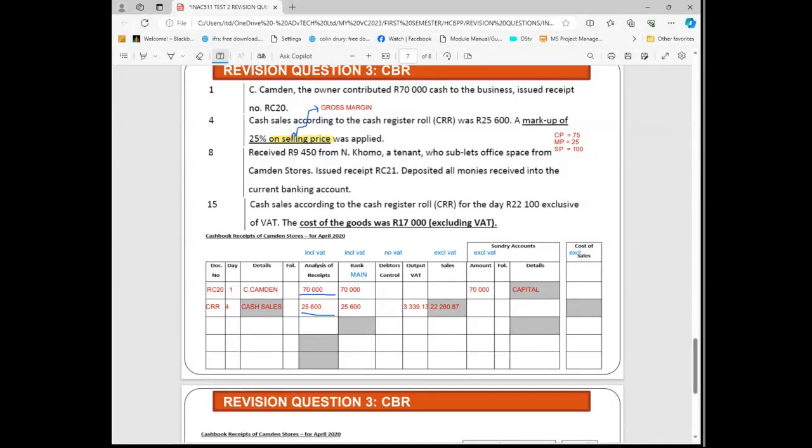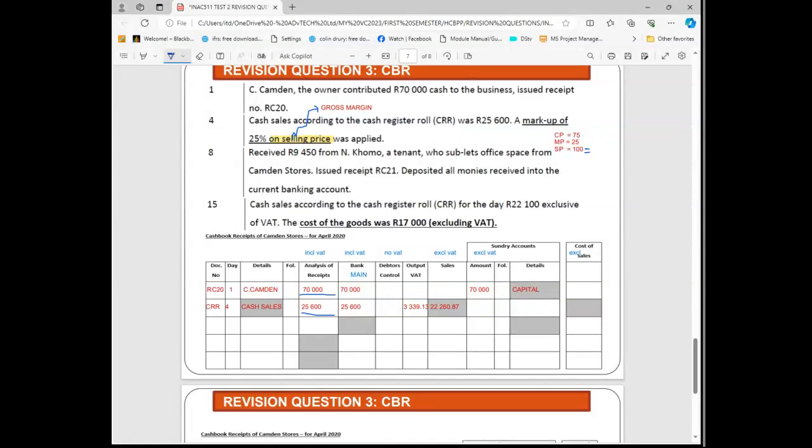What are you calculating? Selling price, so by the 100? No, we can't put the question mark on 100 because we know the selling price. So we're looking for the cost price.